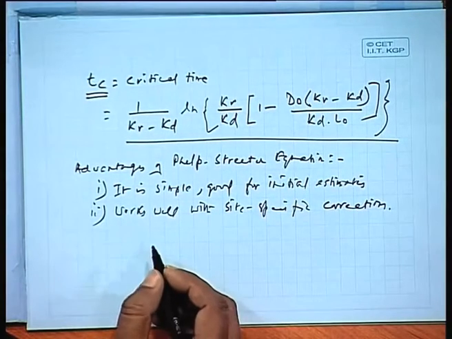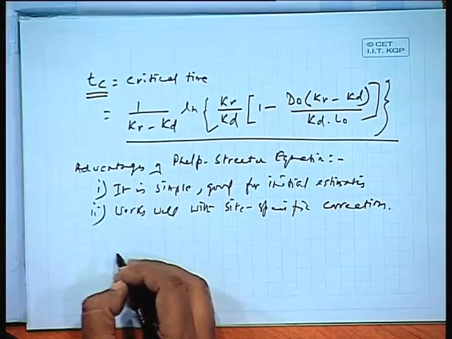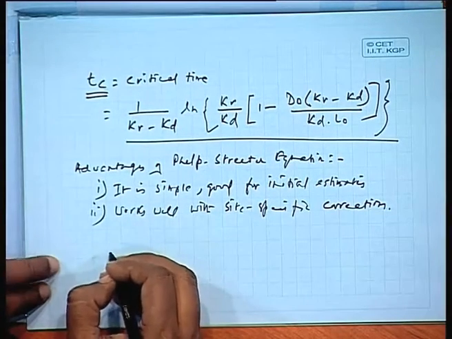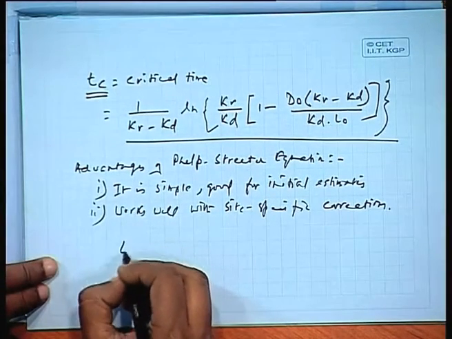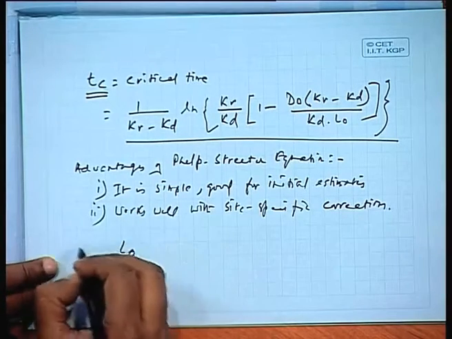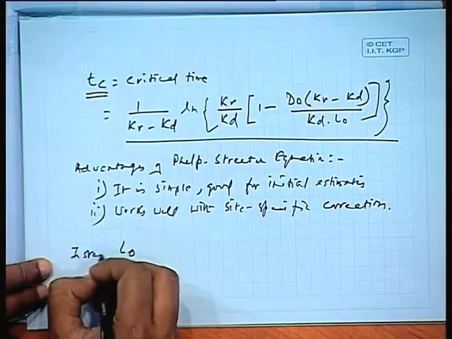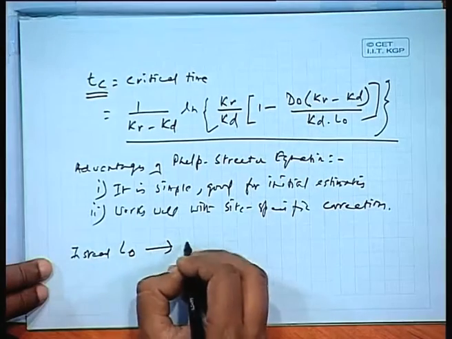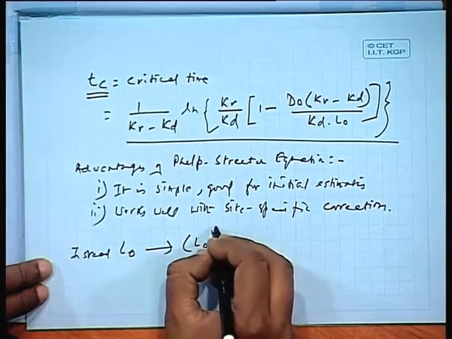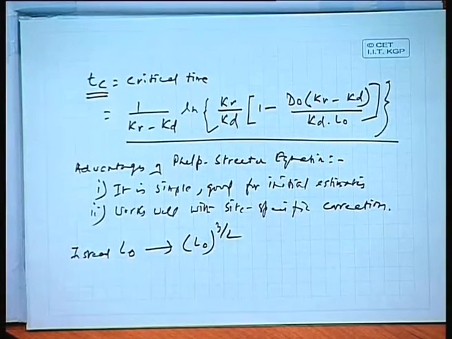Some cases of site specific corrections would be, say here, instead of L0 we can use a correction like this.